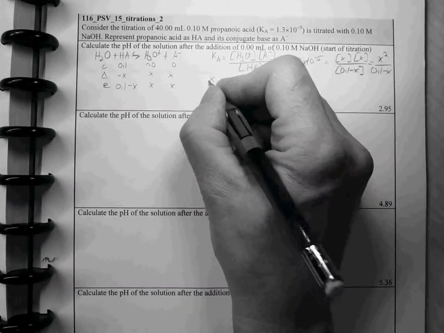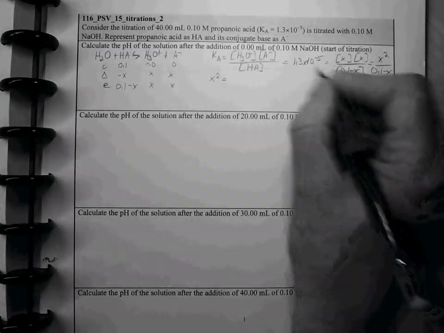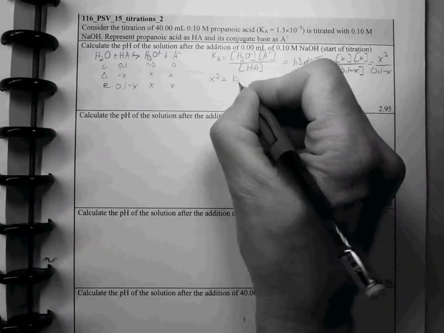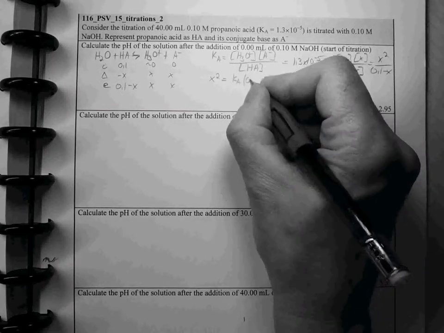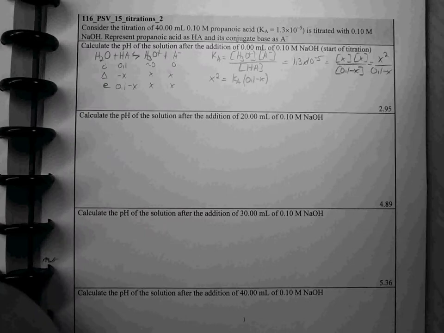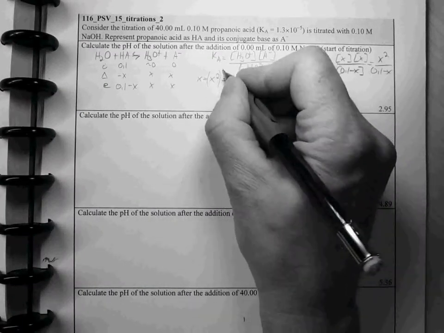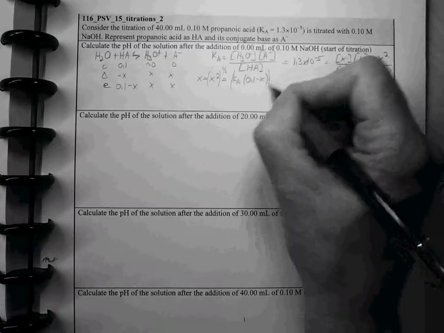We'll solve for the highest power of x, x squared, and we see x squared is going to be equal to Ka times 0.1 minus x. Now what we really want is not x squared, but x, so we can take the square root of each side.